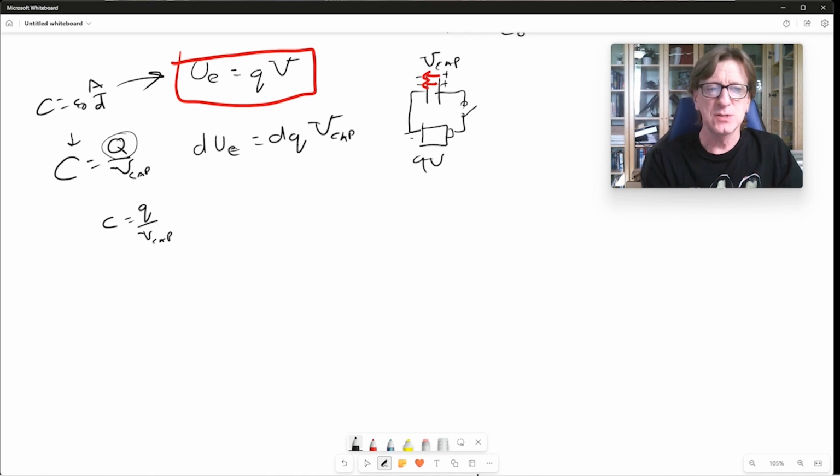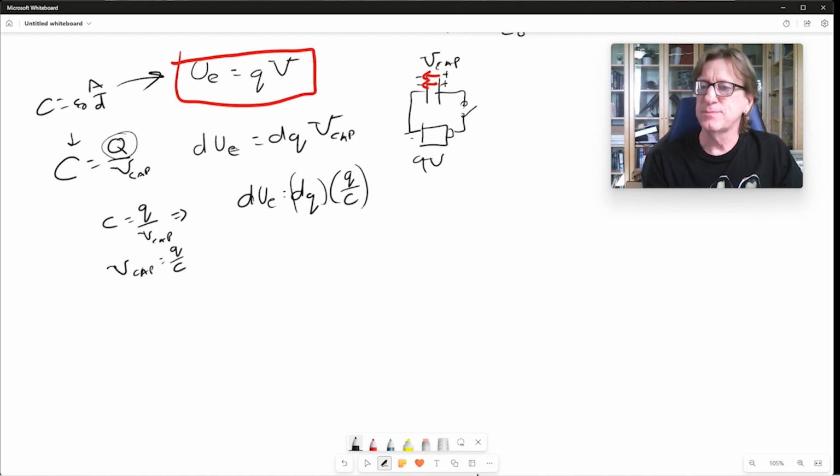Let's solve this for V. And that tells me that V cap equals Q over C, and C is a constant. So let's plug that back up in here. And so I have dUE equals dQ times Q over C.